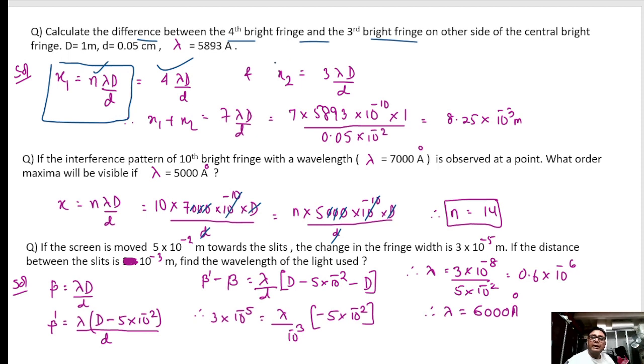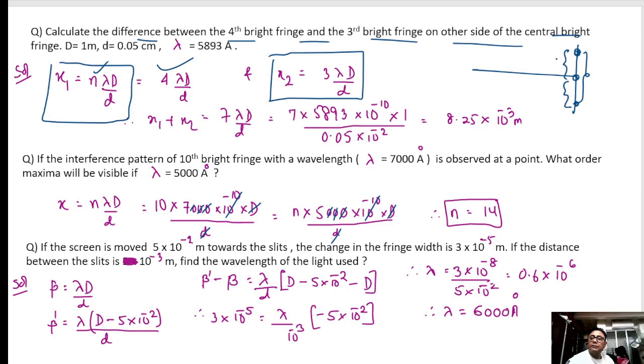Third bright fringe, n equal to 3. This. Now find it on the other side of the central bright fringe. That means if this is the central bright fringe, here is a fourth bright fringe and here is the third bright fringe. So what is the distance between them? Find the distance of this, find the distance of this, add them. So this is what we added and we get the answer.